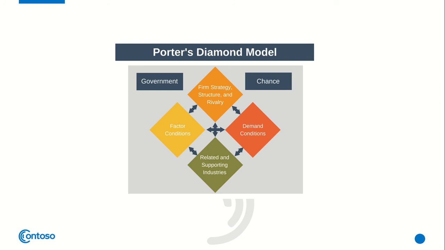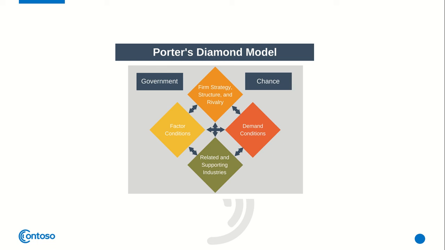Okay, Michael Porter's diamond model is also known as the theory of national competitive advantage of industries. It is a diamond-shaped framework that focuses on explaining why certain industries within a particular nation are competitive internationally whereas others might not. And why is it that certain companies in certain countries are capable of consistent innovation whereas others might not?